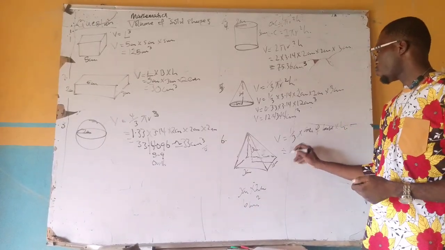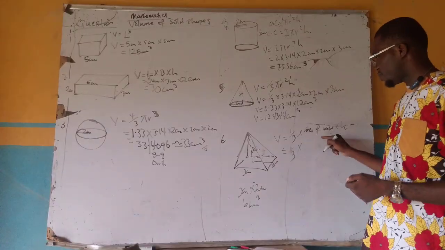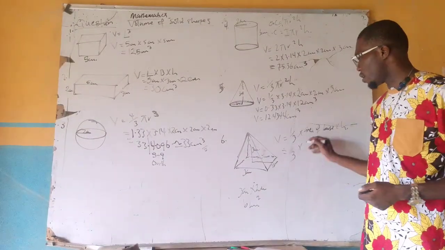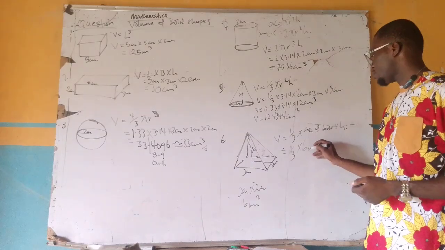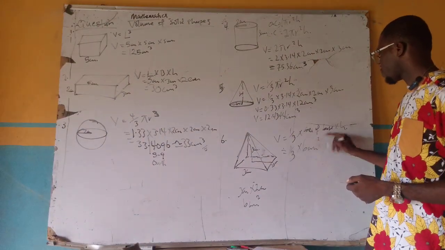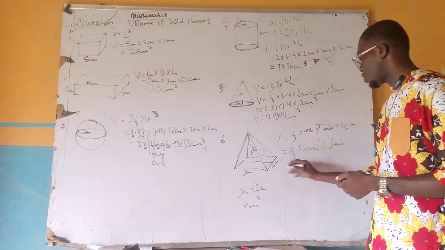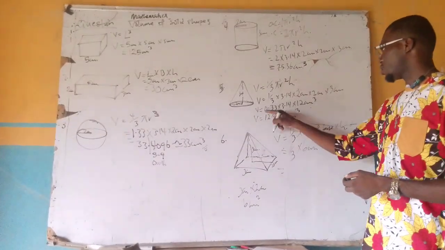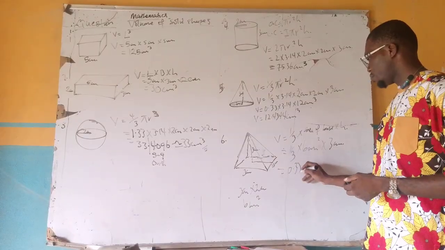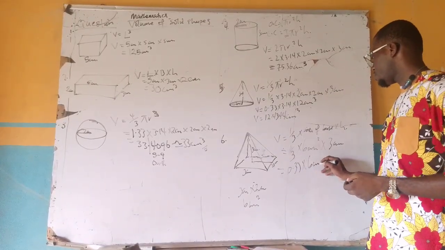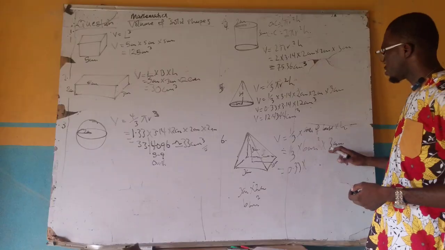So we have 1 over 3 times the area of the base, which is 6 centimeter square, times the height, how tall the thing is, 3 centimeter. Remember this is 0.33 times 6. Let's multiply: 6 times 3 is 18.